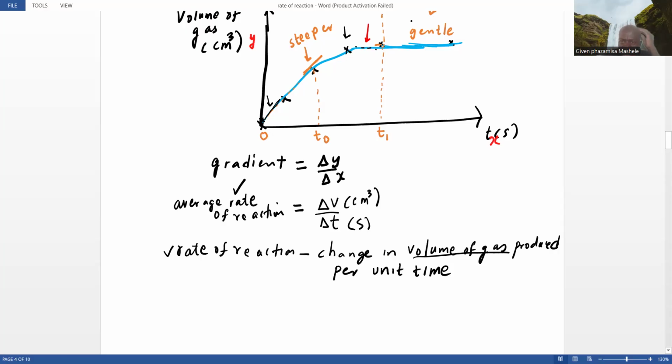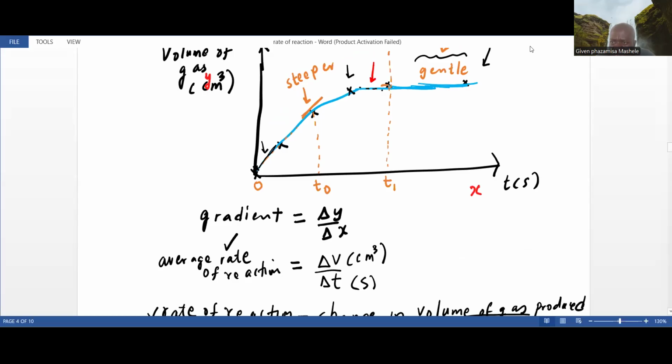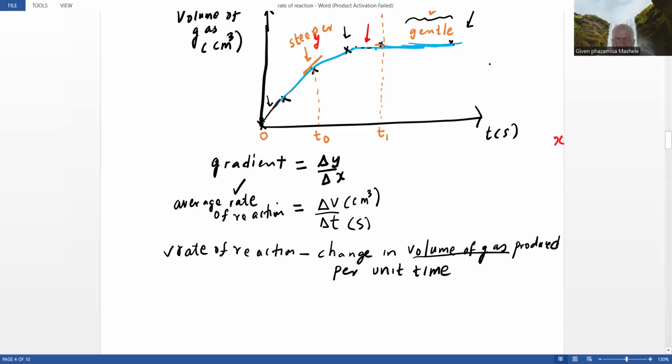When the graph is flat, it shows there is a zero reaction rate. The reaction rate is 0 because the change in volume is 0, even though there is a change in time. So this will give us a 0 reaction rate.